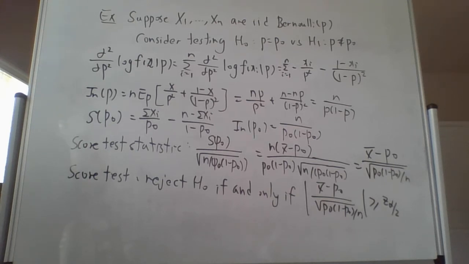And then this score test, Wald test, and likelihood ratio test are widely used not only in this one parameter case, but also in the multi-parameter case, and for generalized linear models, logistic regression, Poisson regression.